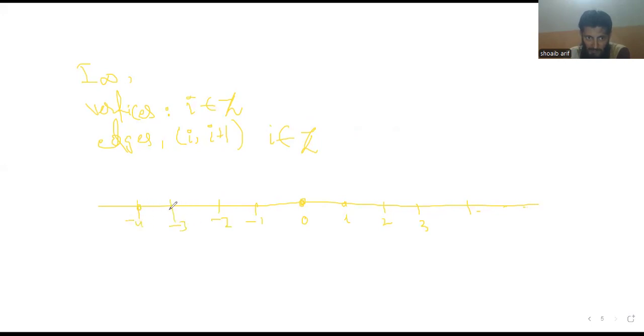These are the vertices 0, 1, 2, 3, and minus 1, minus 2, minus 3, and so on, till minus infinity and also to positive infinity.